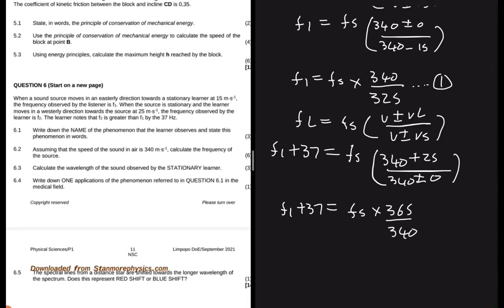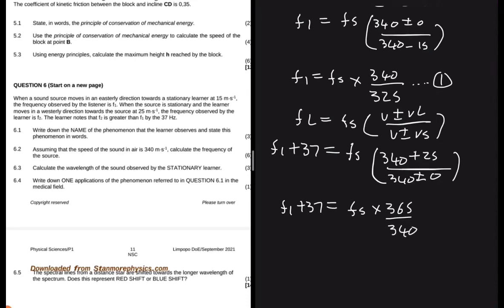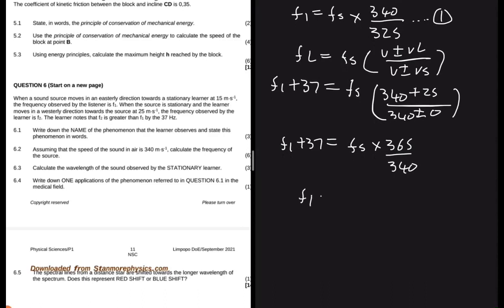We can go ahead and make F1 the subject of the formula. We're gonna get F1 equals Fs multiplied by 365 divided by 340 minus 37, and then we can call this equation 2. So I want you to realize something. If we say equation 2 equals equation 1, then we can solve for Fs, which is what we want. Equation 2 equals equation 1 because they're both giving us F1, right?